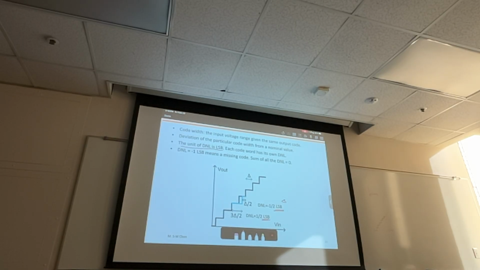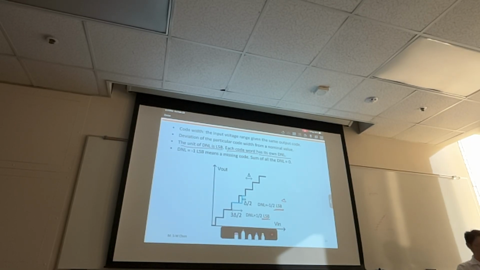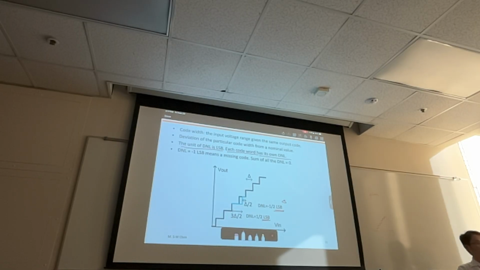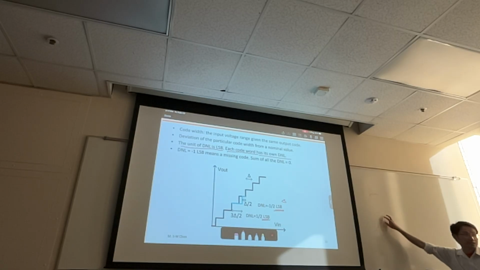Another thing, every code has its own DNL. So let me ask you, for a 10-bit ADC, how many codes do I have? 1024, right? 1024 codes. So how many DNLs do I have? 1024, right? Because for every step you define a DNL.